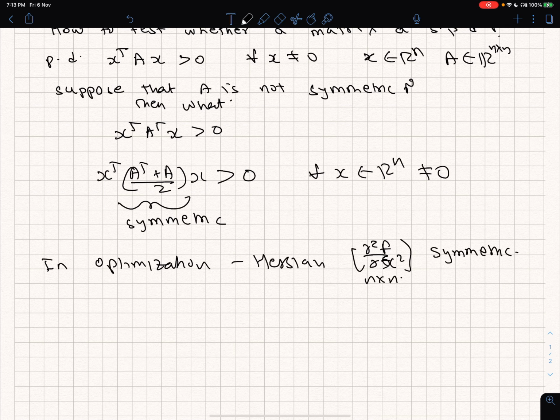So therefore, straight away, whatever I teach you for testing positive definiteness of a symmetric matrix applies in toto to the optimization problems, the Hessian matrix in particular.